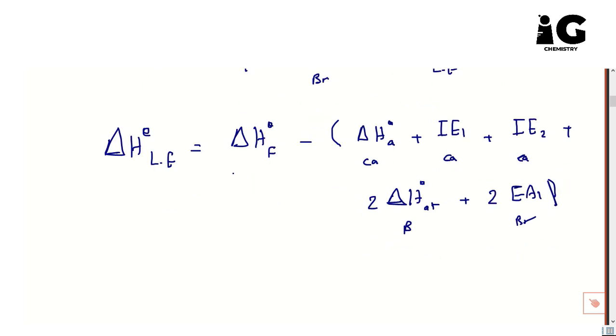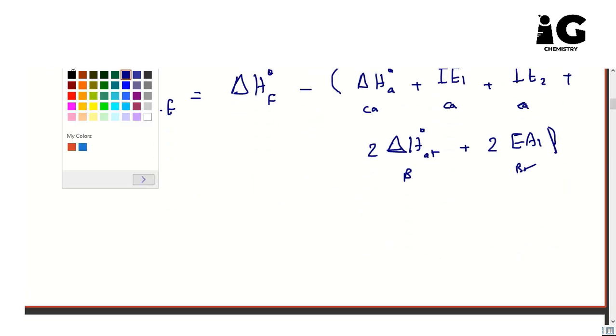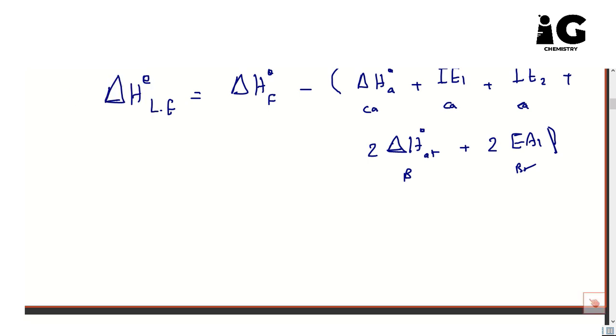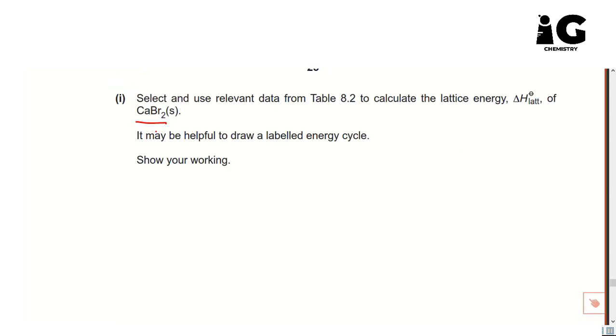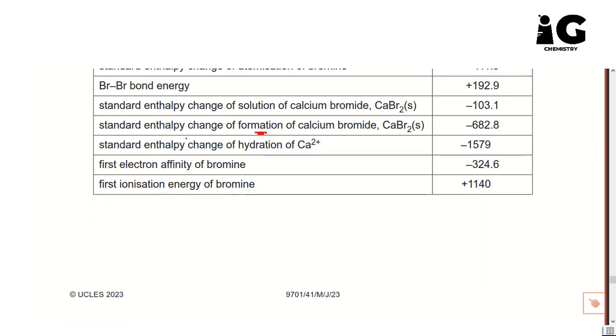Okay, so standard enthalpy change of formation, regarding the values given in the table, let's come back to the table. Standard enthalpy change of formation will be this one. So negative 682.8. Better to be clear.